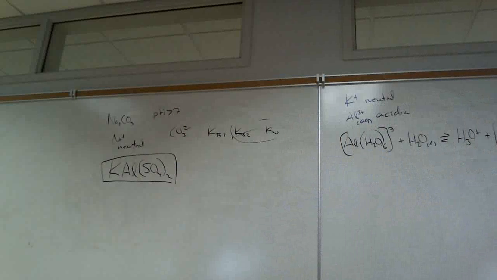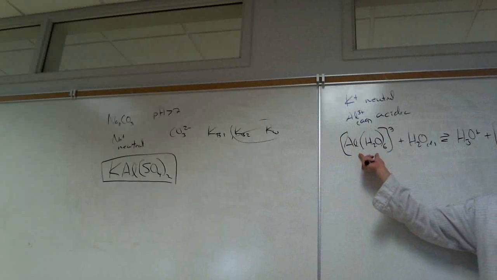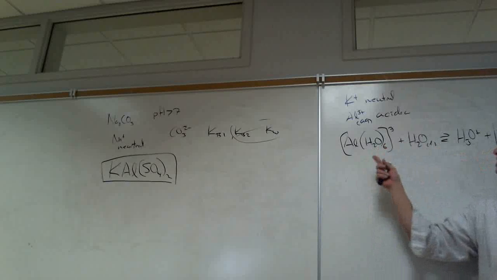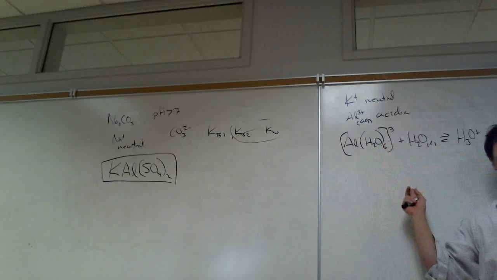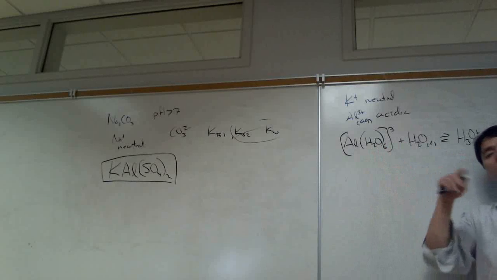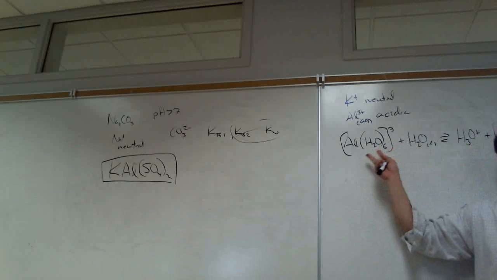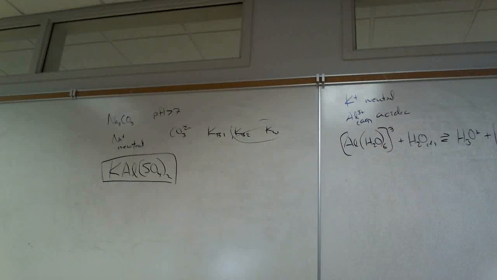Interestingly enough, iron 3 and aluminum are considered polyprotic acids because they have more than one water. And so there could be a Ka2 and a Ka3. It stops at Ka3 because we form the hydroxide in both, aluminum hydroxide here and iron 3 hydroxide. But we're only going to worry about Ka1 for now.